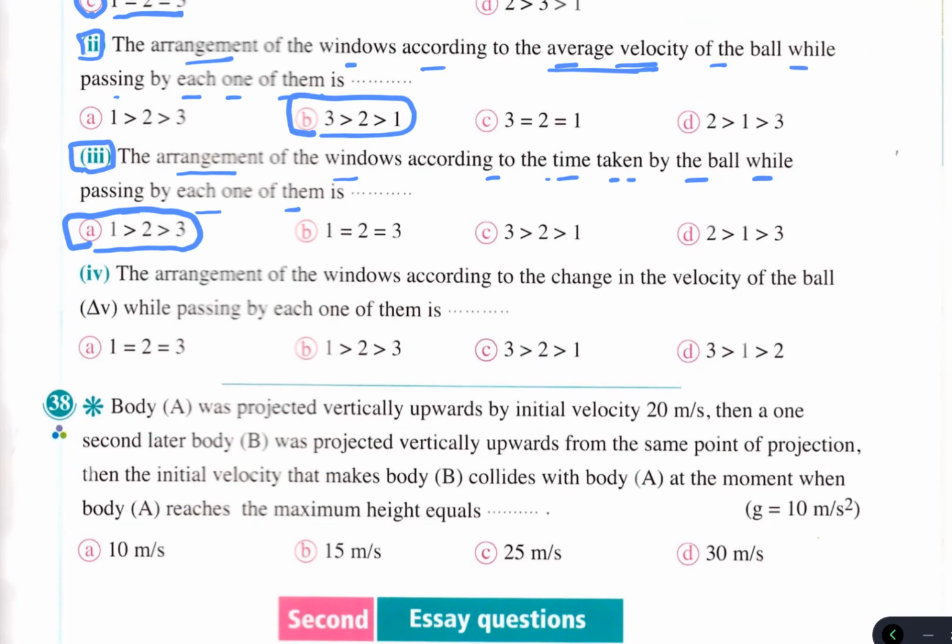Let's go to the last one here. The arrangement of the windows according to the change in velocity of the ball, dv, while passing by each one of them.